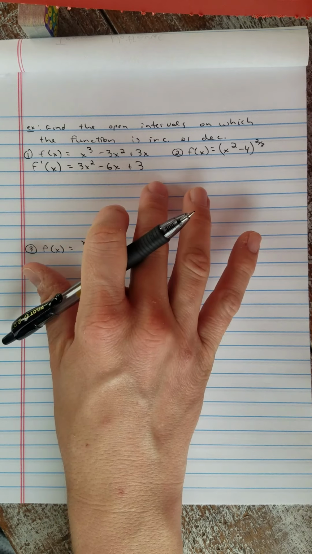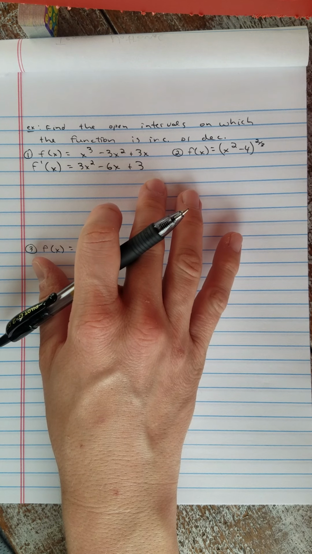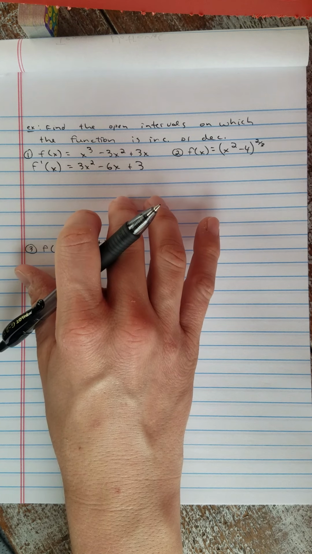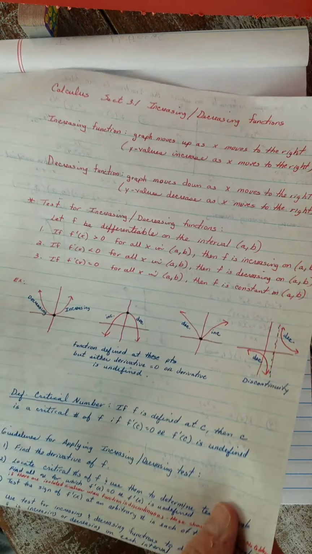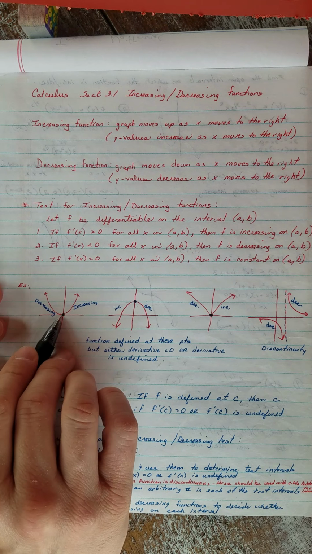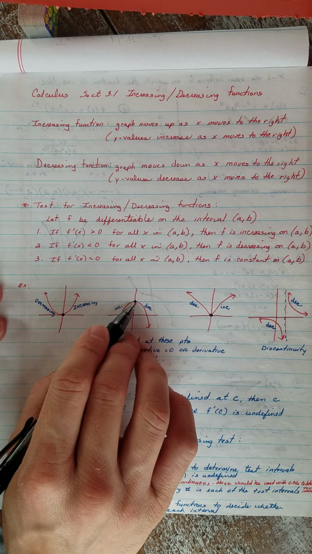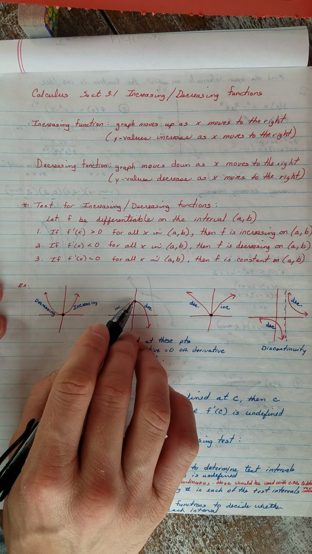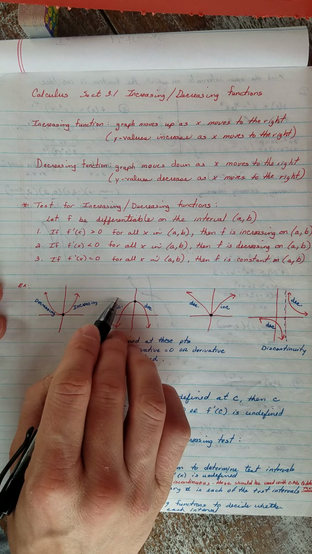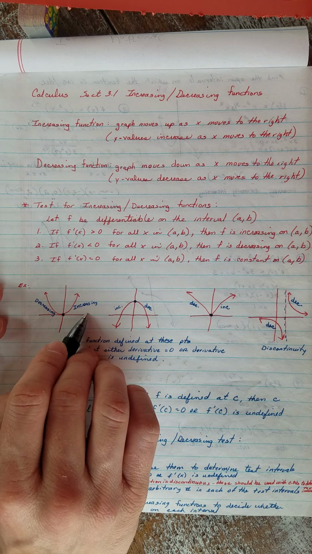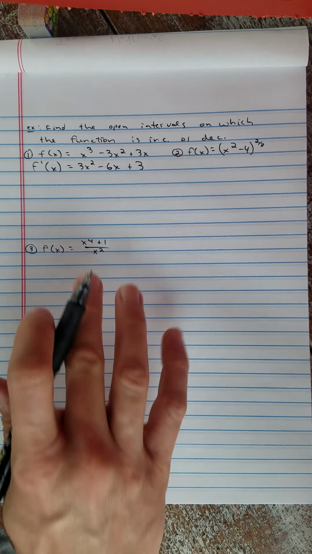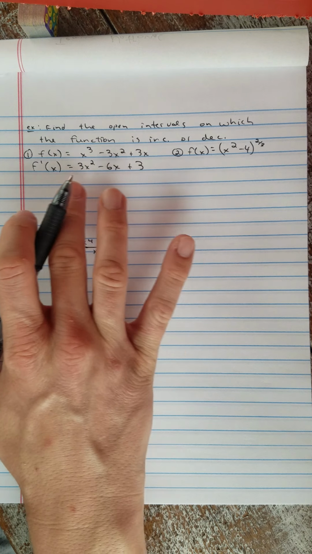What we need to do now is find our critical numbers. Like I showed you here, our critical numbers are the maximums and minimums in a lot of cases. At every maximum and minimum, there's going to be a horizontal tangent line. Horizontal tangent lines have a slope of 0. Well, this is the derivative function. This is the slope function.